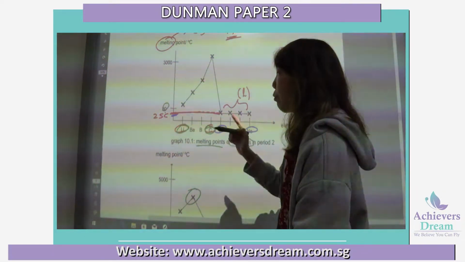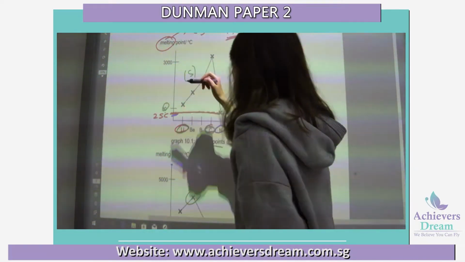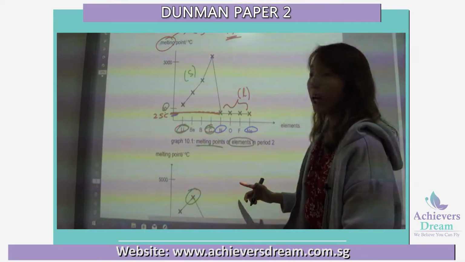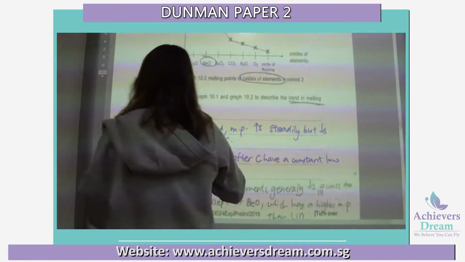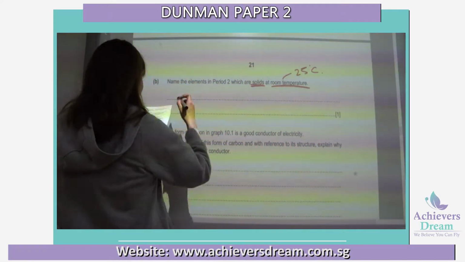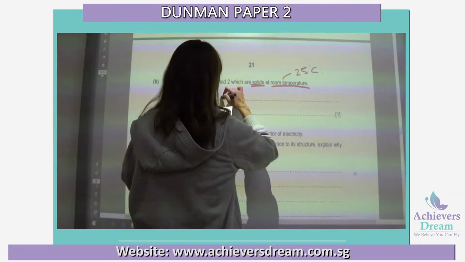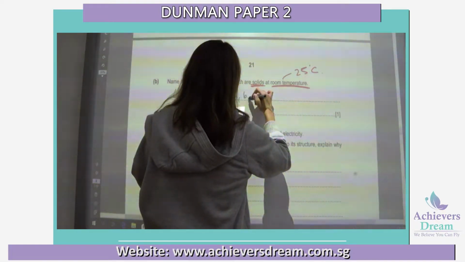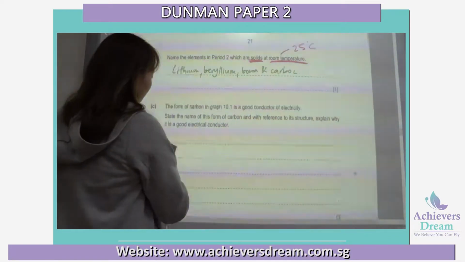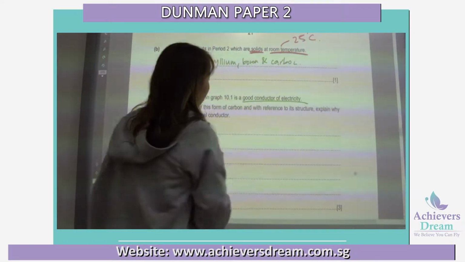So this means that at room temperature, which is 25 degrees, they would still remain in the solid state. They wouldn't have melted yet, correct? So how do I answer? The answer would be, those that are in the solid state would be your lithium, beryllium, boron, and carbon. Can?